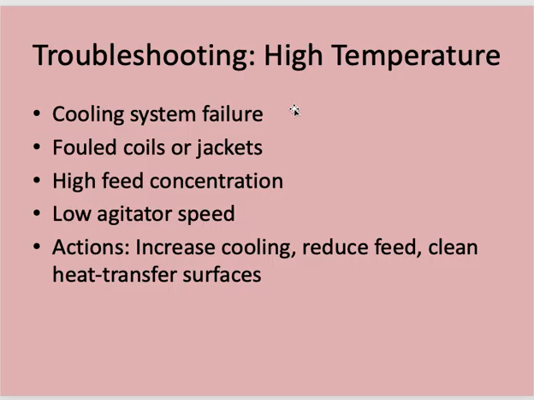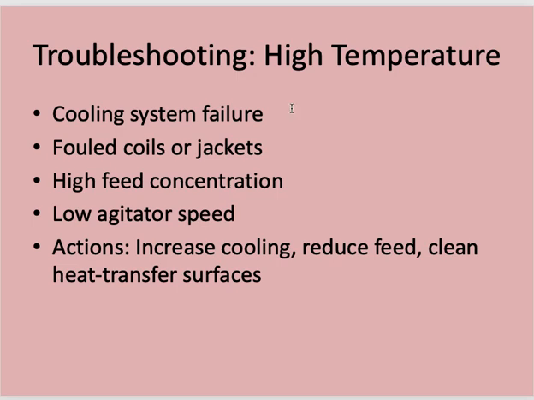The troubleshooting related to the continuous stirred tank reactor. High temperature. If you are working on manufacturing polystyrene, polyvinyl chloride, whatever the industry, sodium tripolyphosphate, for example, you can face high temperature inside the continuous stirred tank reactor.